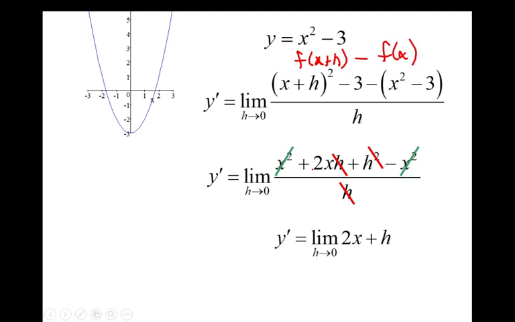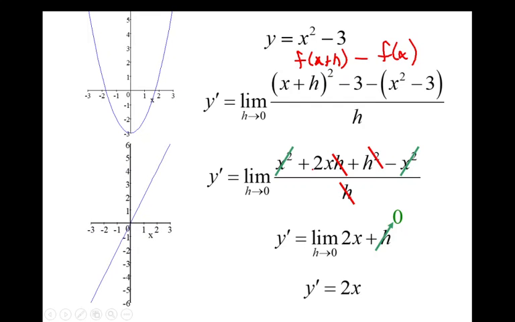We plug in 0 for h. And look what we get. y prime is 2x. We already know this, right? Before, when it was a plus h, it was 2a. Now it's 2x. So if I graph 2x, that's the graph.